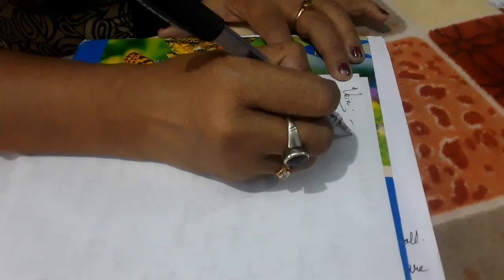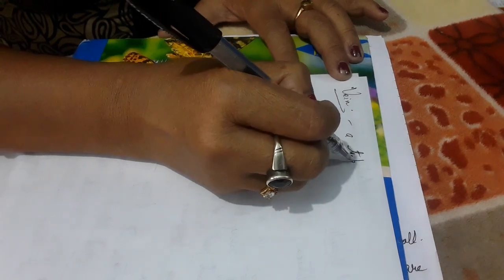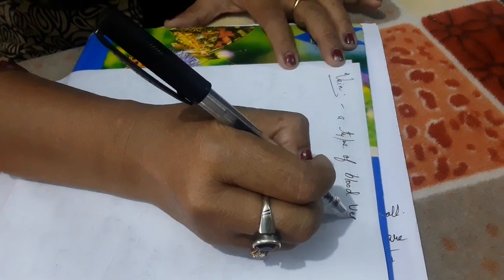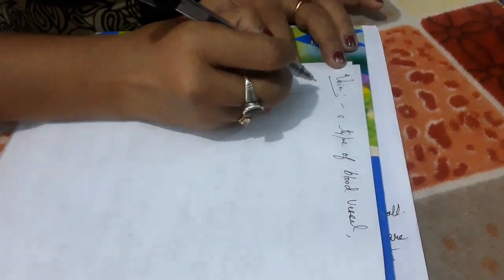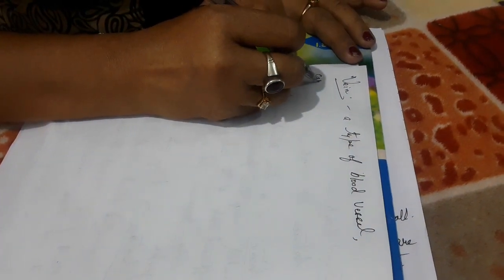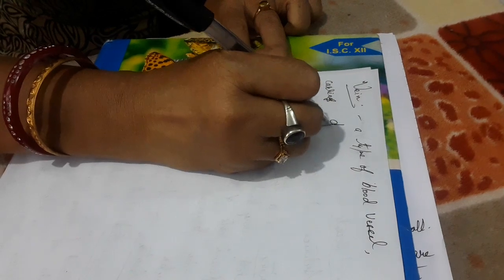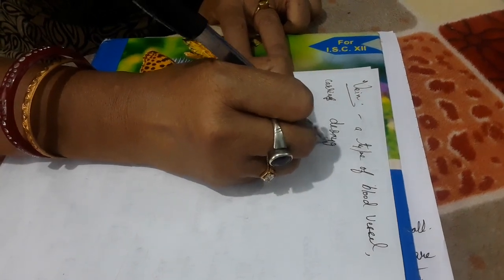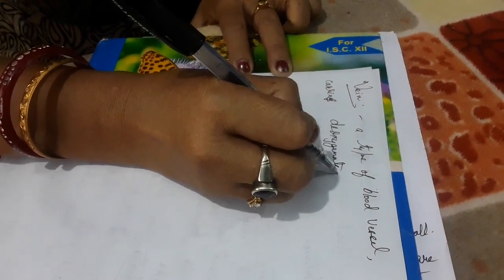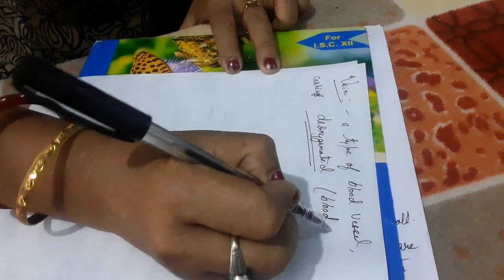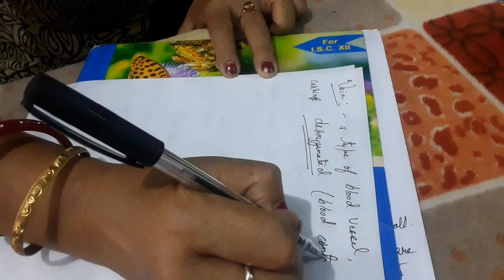Vein is also a type of blood vessel that carries deoxygenated blood. Deoxygenated means what? That is blood containing more amount of CO2.